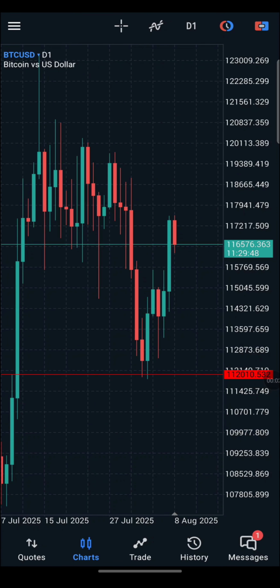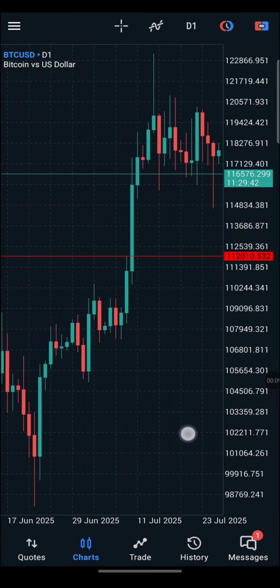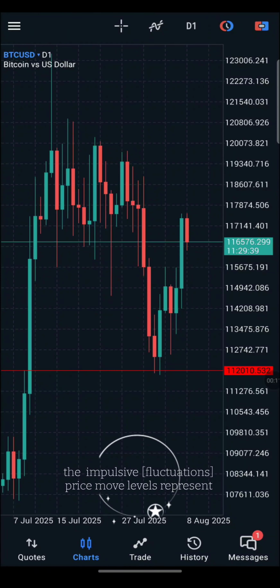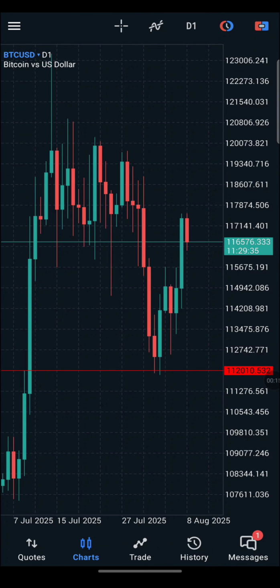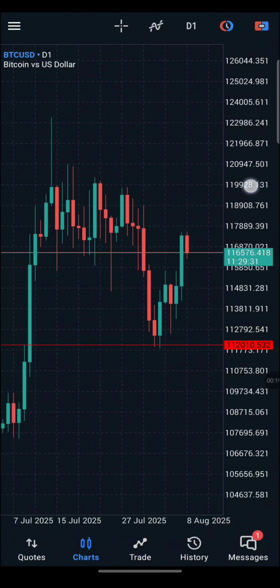The psychology behind an impulsive move on a chart simply shows that either there is high supply or high demand on a particular price level of the market according to the chart.